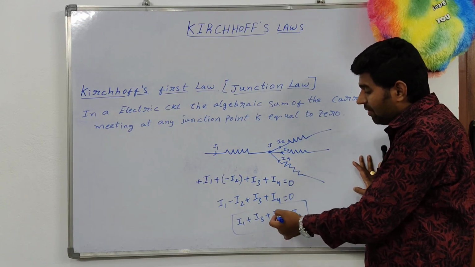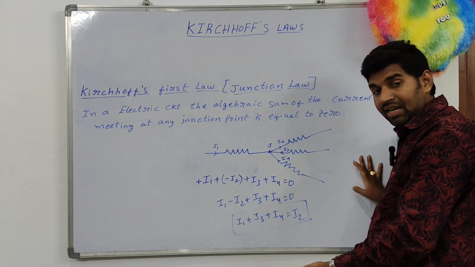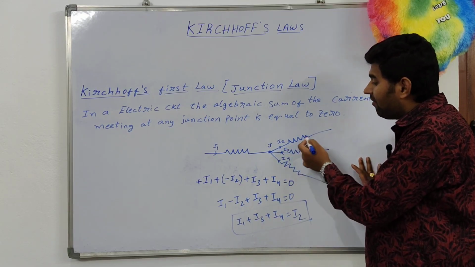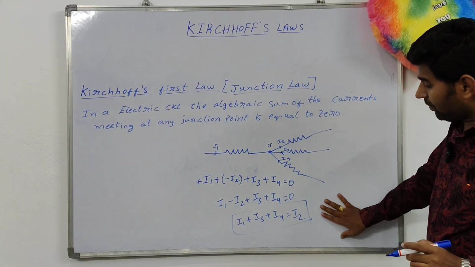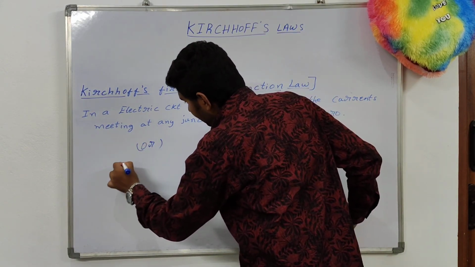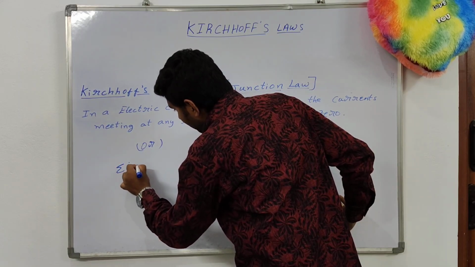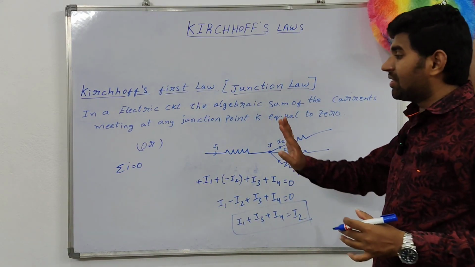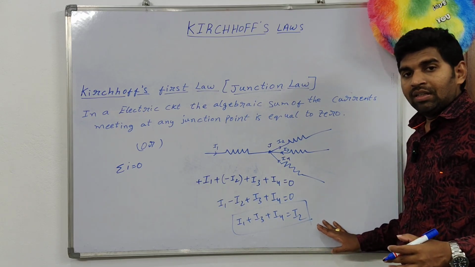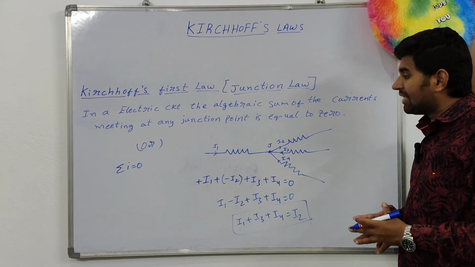The sum of the incoming currents is equal to the sum of the outgoing currents, away from the junction. We can also say that sigma I is equal to 0, nothing but the summation of the total currents is equal to 0. This is according to Kirchhoff's first law.